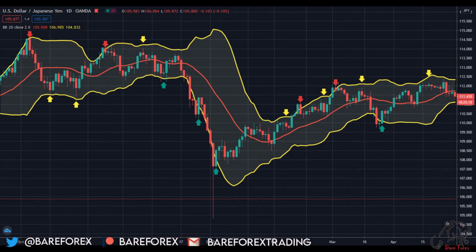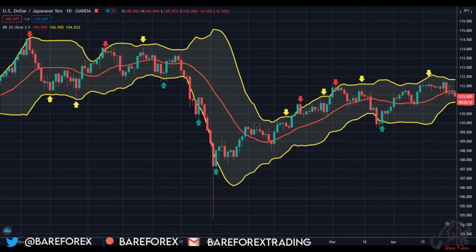Let's see. So this is the one. This is a shot of the USD/JPY on the daily charts from data using my broker Oanda. And this screenshot covers about 7.5 months across 2018 and 2019.